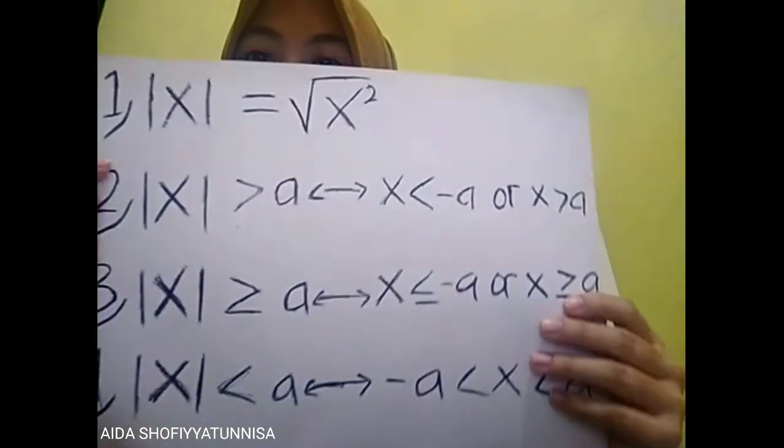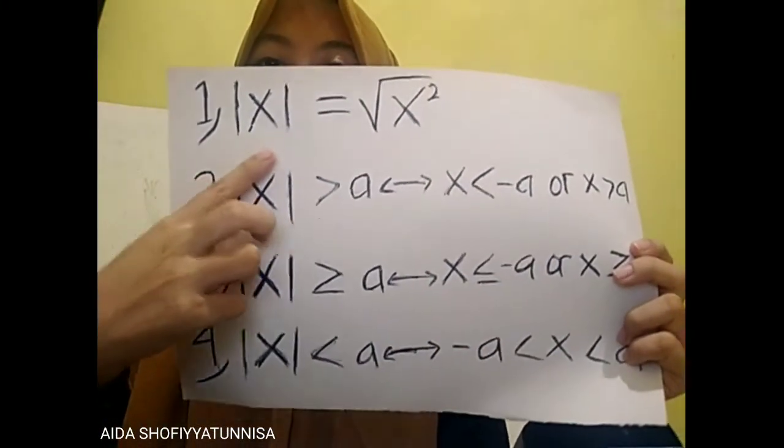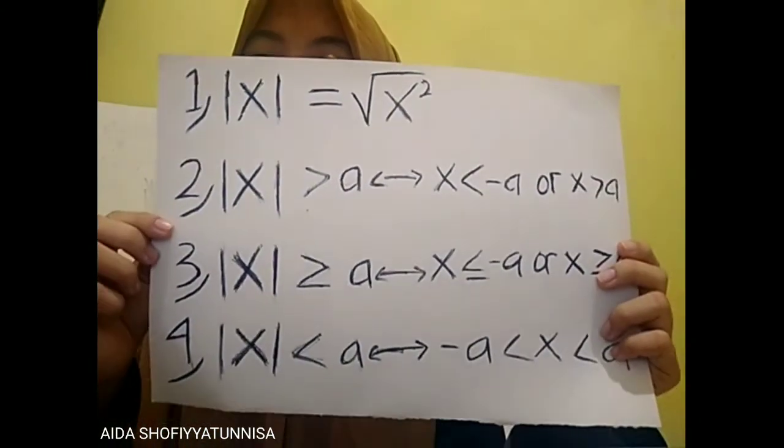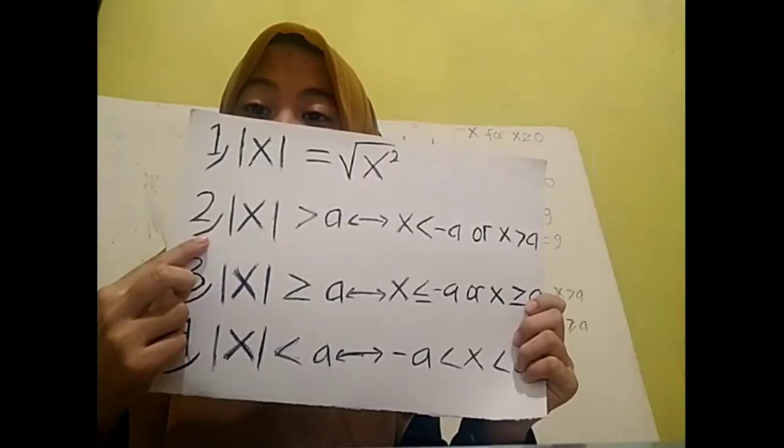So I have the properties of the inequality of absolute value as follows. There are 5 points. First, absolute x is root x squared. 2.